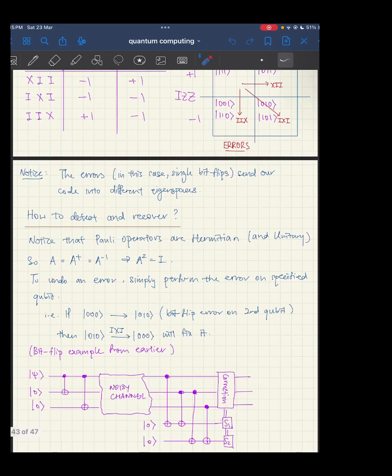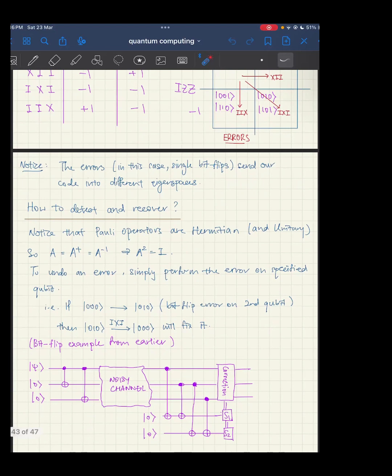A simple example would be if we had a bit flip in the second bit, we just need to perform the bit flip on the second bit again, and that will give us our original state.